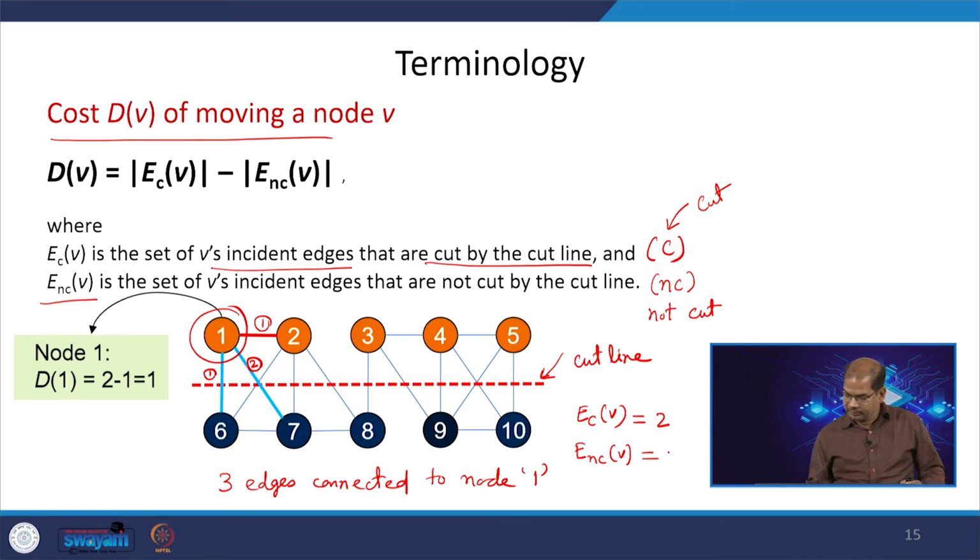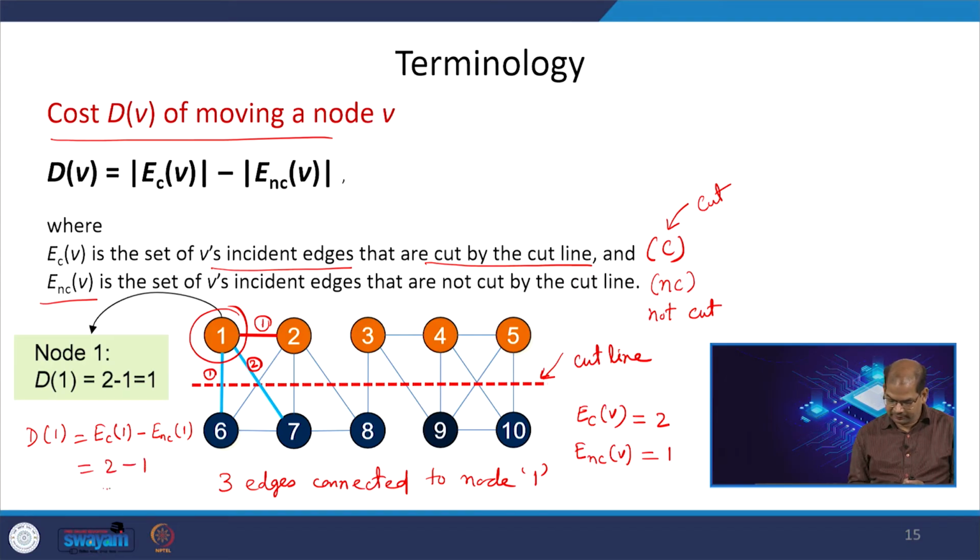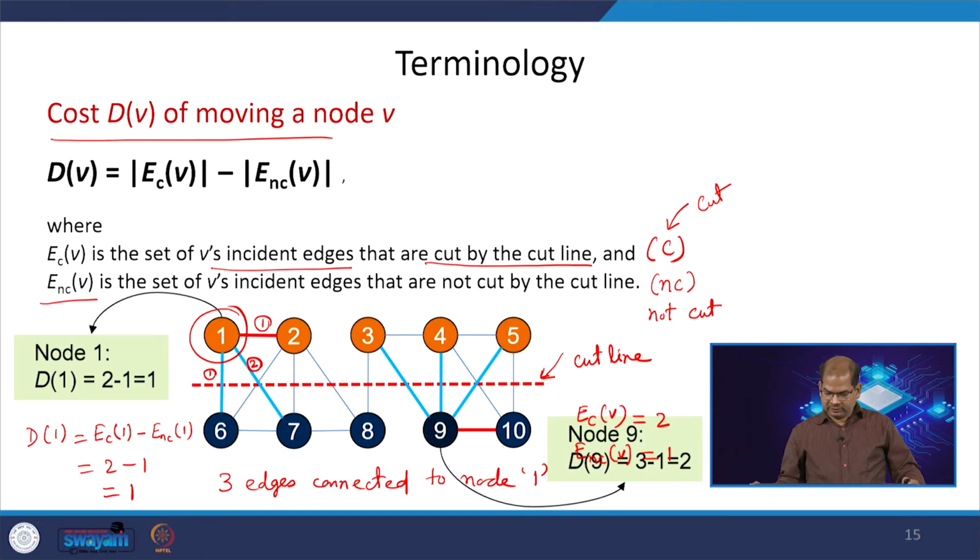So D of 1 is E_c of 1 minus E_nc of 1, which is 2 minus 1, which is 1. For another example, node 9 is 3 minus 1, which is 2.